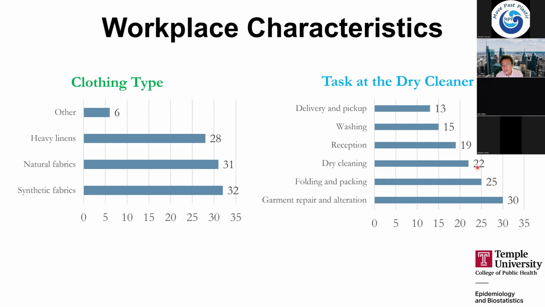And 22 said that they are involved in dry cleaning. But this does not mean that they do the dry cleaning inside their shop. As I mentioned earlier, they just pack the clothing and send it to a centralized location far away from their shops. Then they receive the cleaned clothing and give it to the customers.